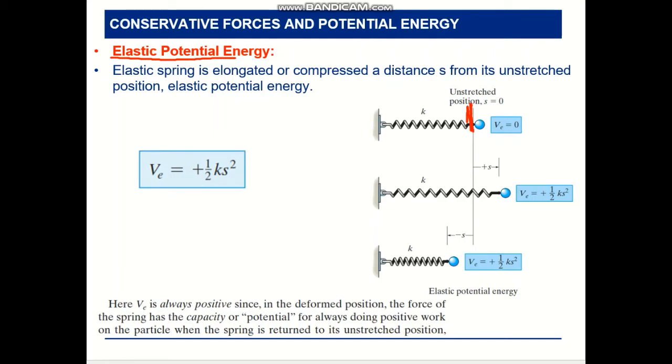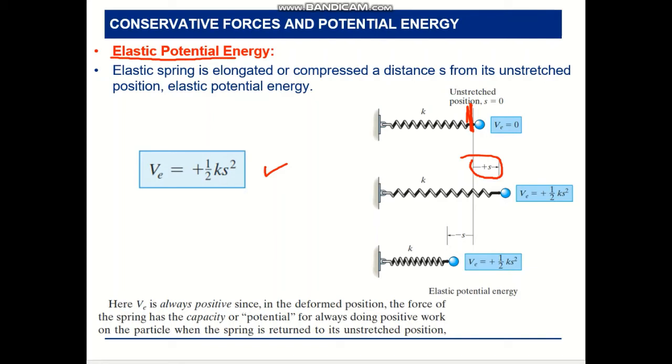When we elongate it, when we stretch it to a certain distance, plus s, it gives us, which we derived before, the spring energy 1/2 ks², and if we compress it, it's going to be again 1/2 ks², and again positive.